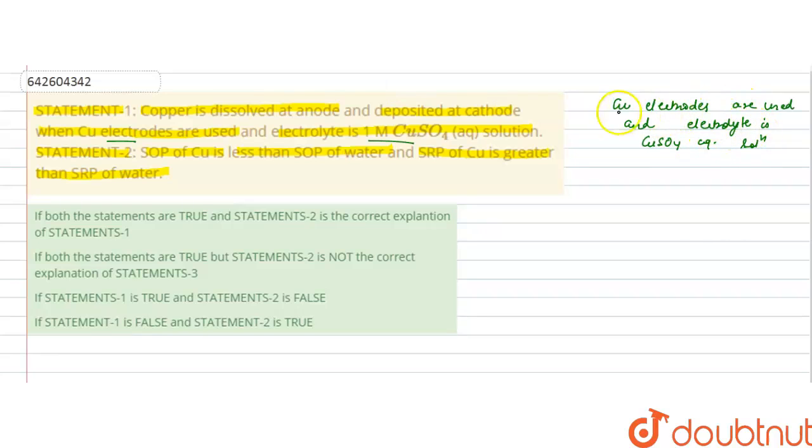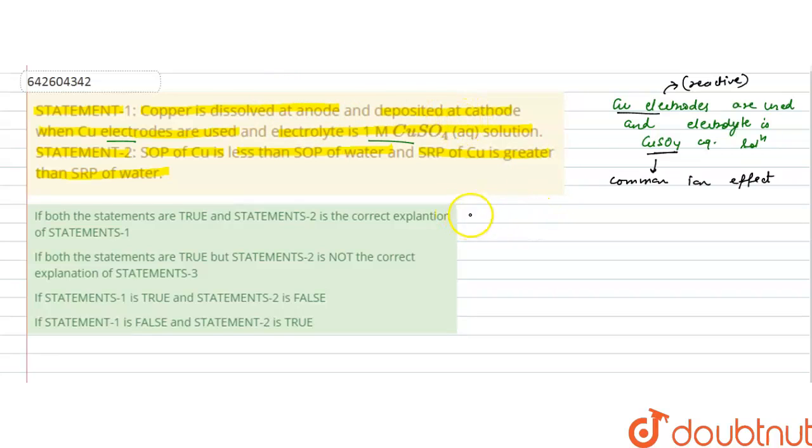If copper electrodes are used, it means they will also react, because copper electrodes are reactive electrodes, and copper electrodes as well as copper sulfate solution are used. So due to common ion effect, at anode the copper is dissolved and at cathode the copper is deposited.